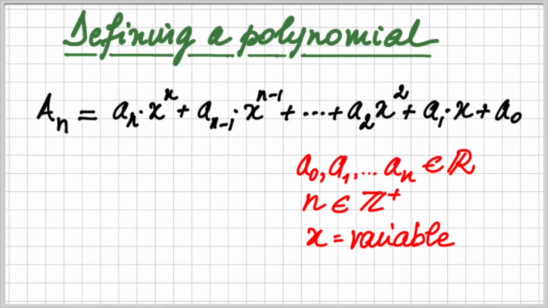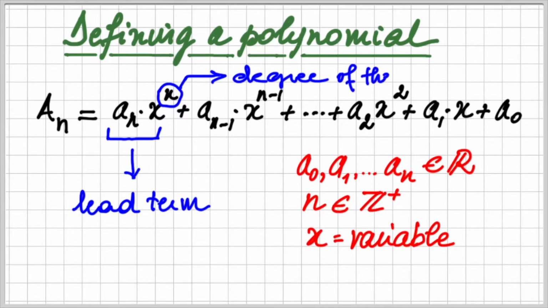Like I said before, we may have polynomials which have more than one variable. This is the lead term, so an times x to the power n is the lead term, the term with the highest power of the variable, which has a coefficient an different from 0.